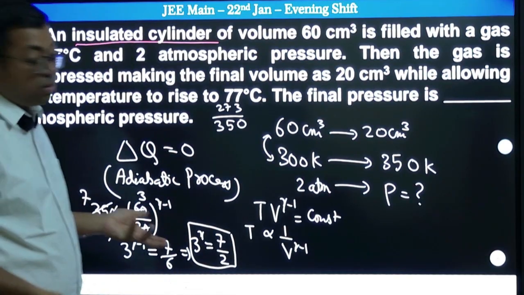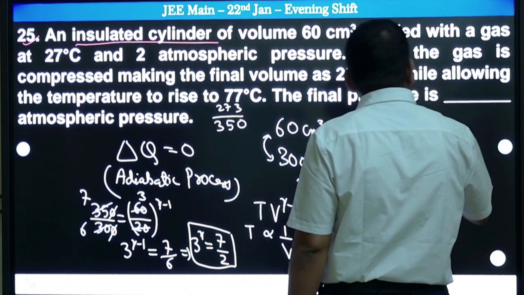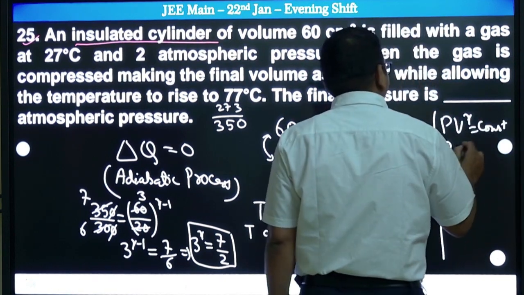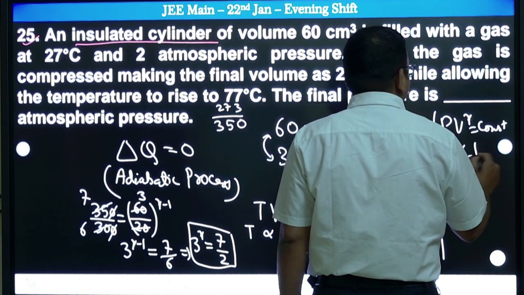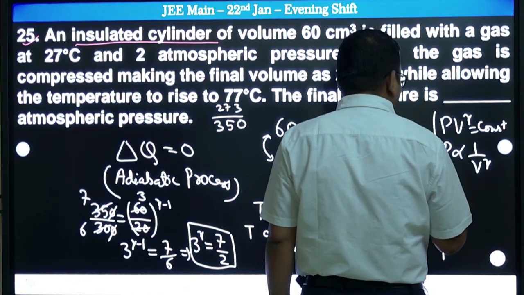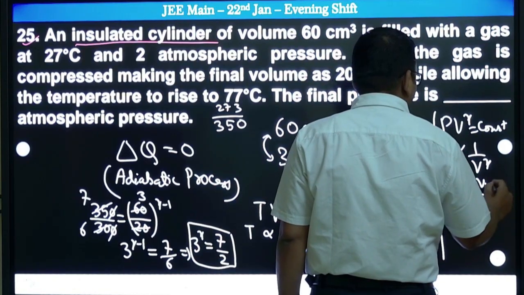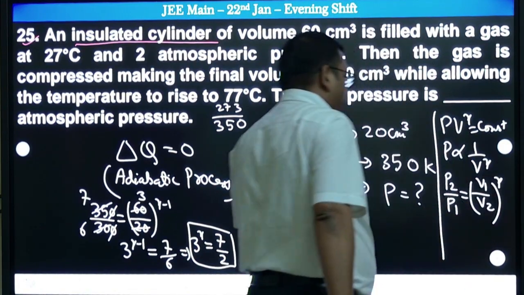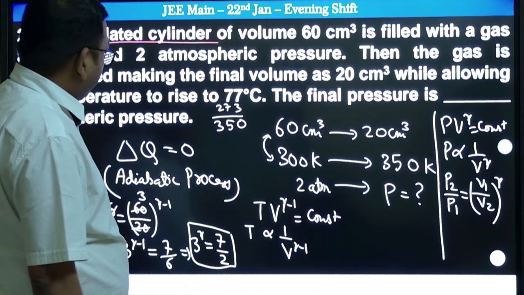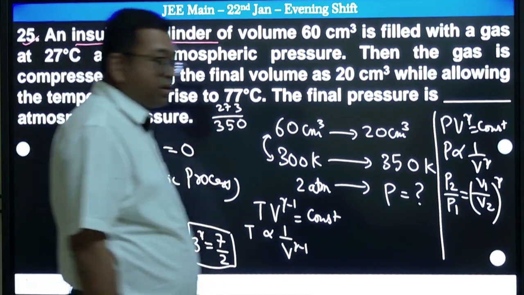So this idea we got. Gamma we do not know, as we do not know what type of gas, so then we can use P V to the power gamma as constant. So pressure is proportional to 1 by V to the power gamma. So P2 by P1 will become what? V1 by V2 power gamma, correct? Now for final pressure, V1 by V2 we already know will give a factor of 3, right?